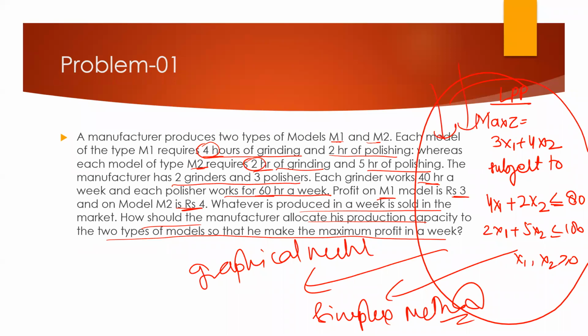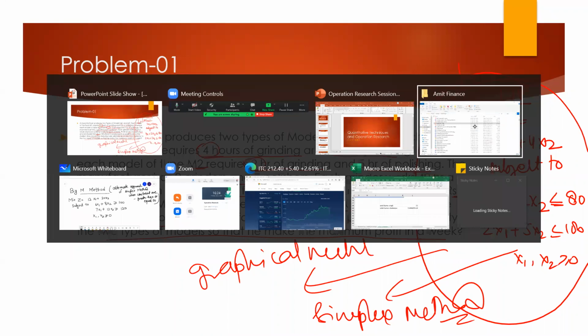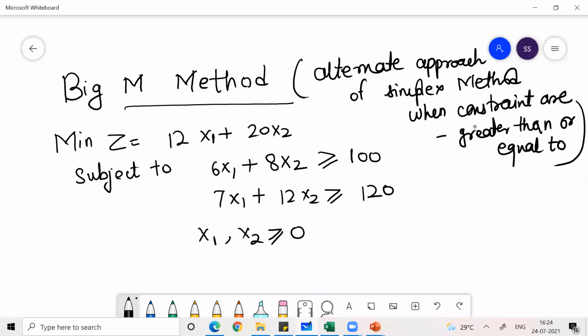But the problem happens once you know how to construct the equation, in case the equation has a constraint with a greater than or equal to sign.